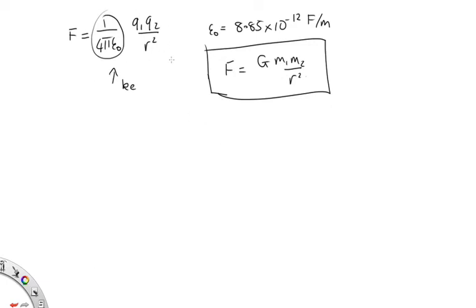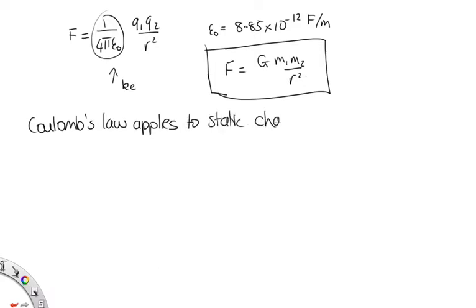If charges are moving, they have a magnetic field associated with them as well, so there's an additional contribution to the force. So this is for the static case. So Coulomb's law applies to static charges.